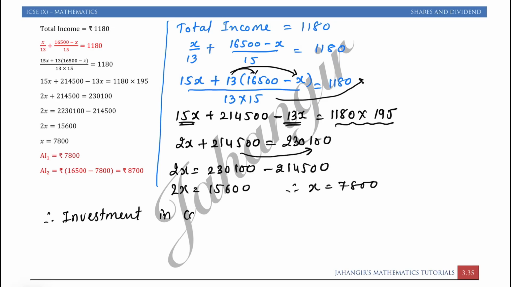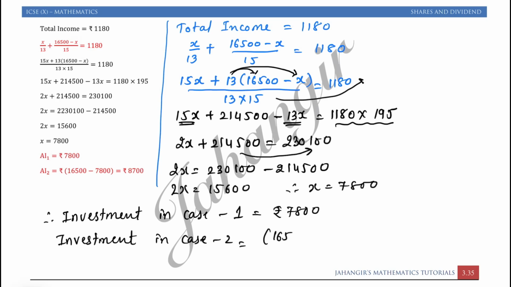So therefore investment in case 1 is equal to rupees 7,800, and investment in case 2 is equal to rupees 16,500 minus 7,800. We had divided into two parts. First part is now 7,800.